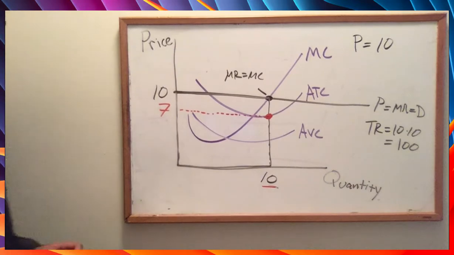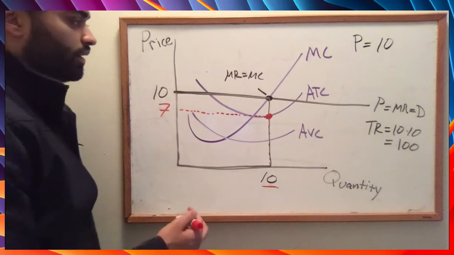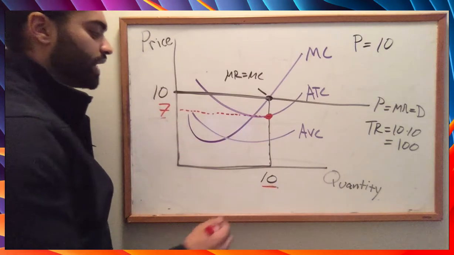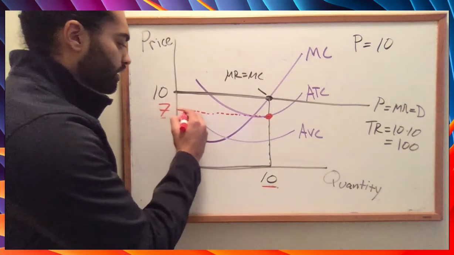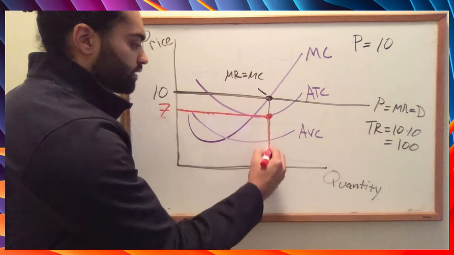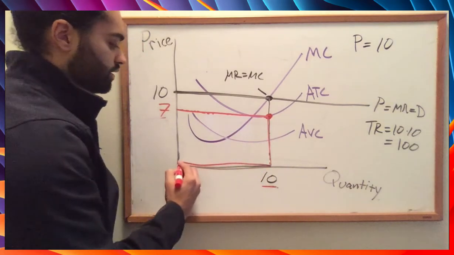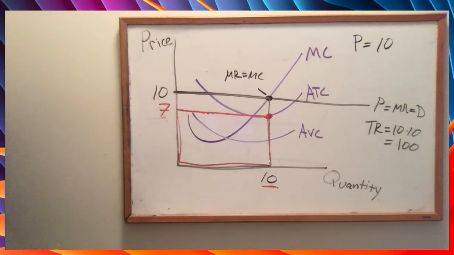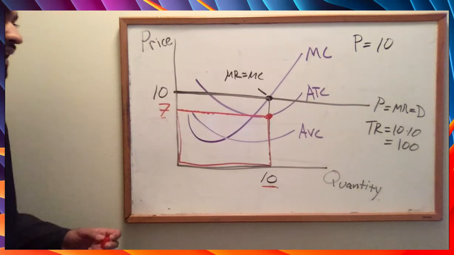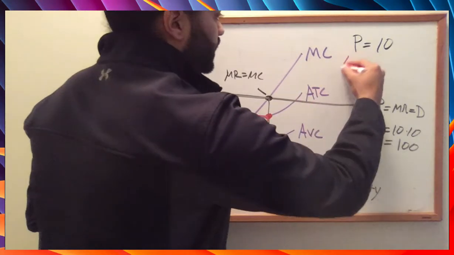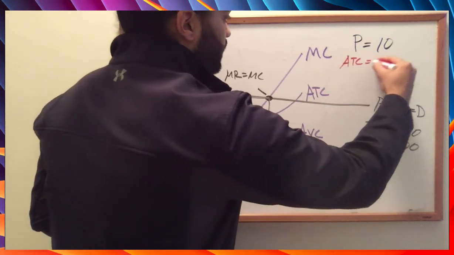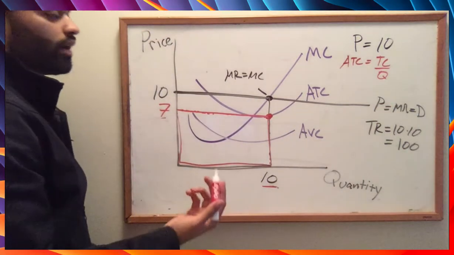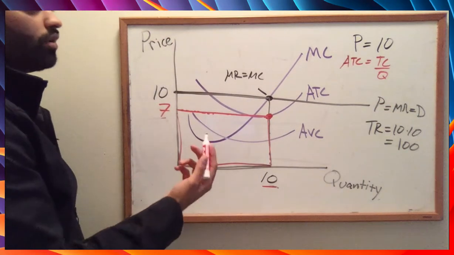Now, we can determine total cost from our average total cost because it's just going to be 7 times 10. So it's the area of this red square. This is our total cost. Another way you can determine that is that the average total cost formula is total cost divided by quantity. We know our average total cost. We know our quantity.